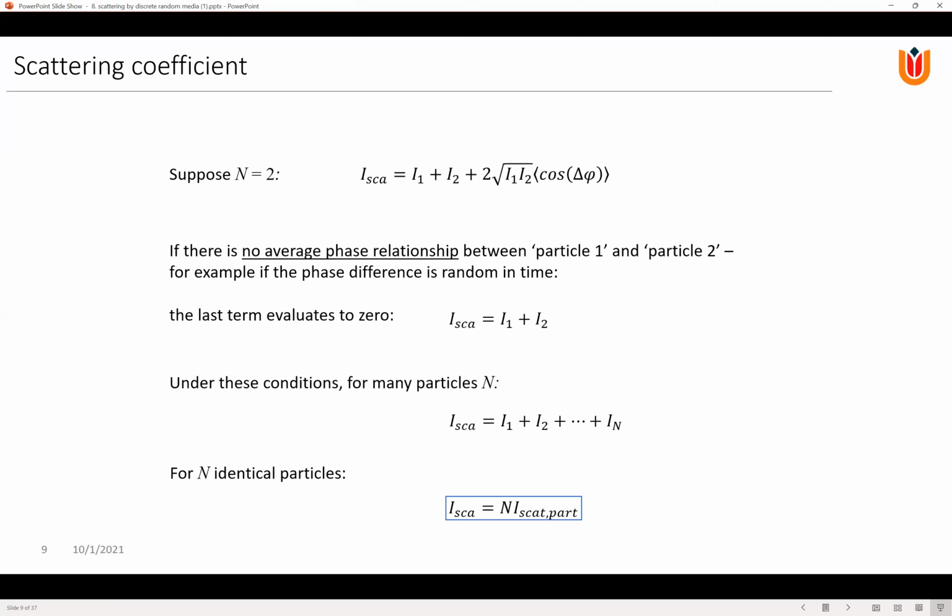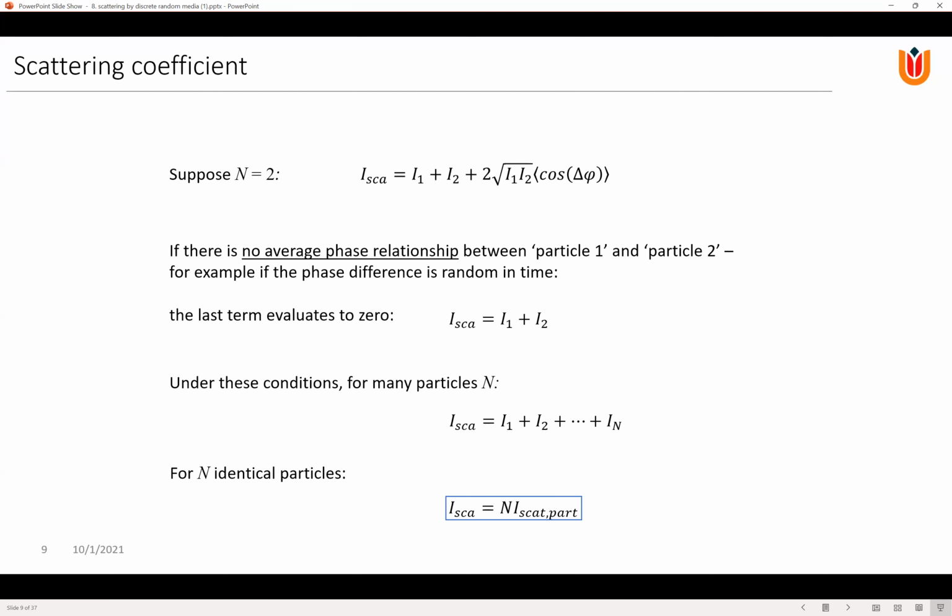So this whole average of cosine delta phi, in effect, is not present. And that means that if that term evaluates to zero, then the scattered intensity would just be the intensity of E1 plus E2, so of the two particles together. And that is what we will measure.